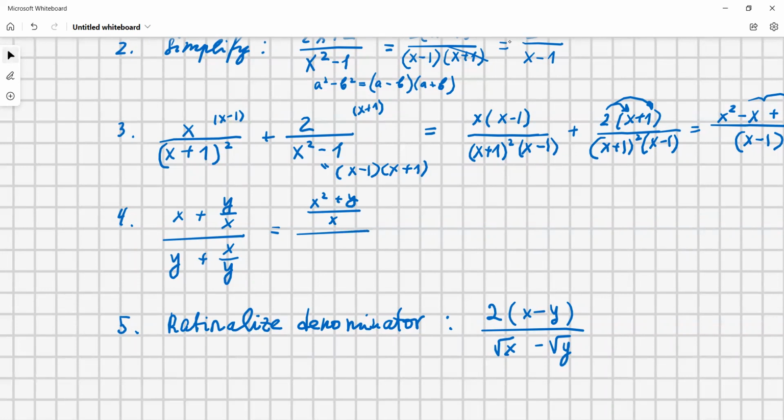For the denominator, I'm going to have common denominator y, so we have y squared plus x over y. Now I'm going to use the rule about flipping the fraction: x squared plus y over x multiplied by the fraction of the denominator flipped, y over y squared plus x.